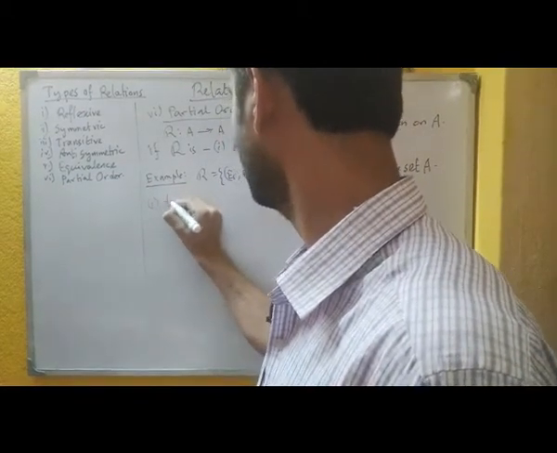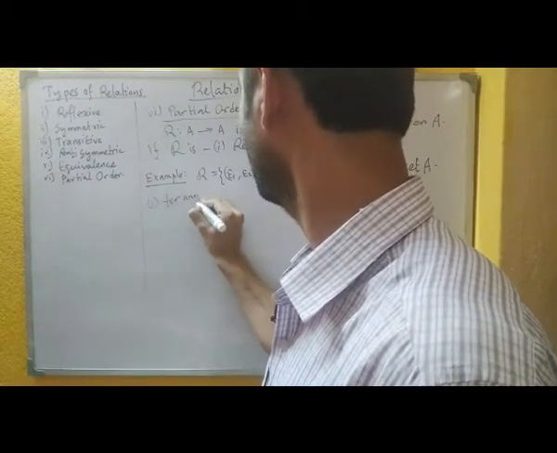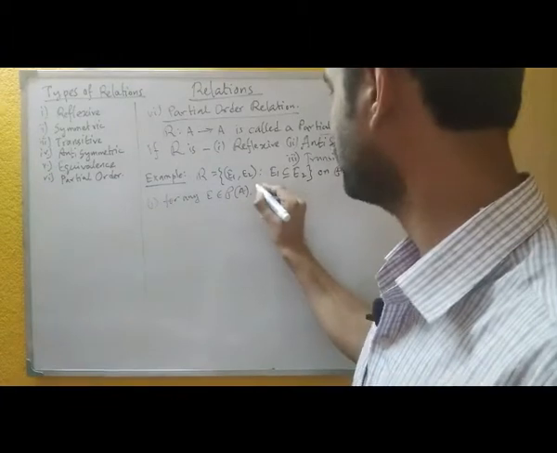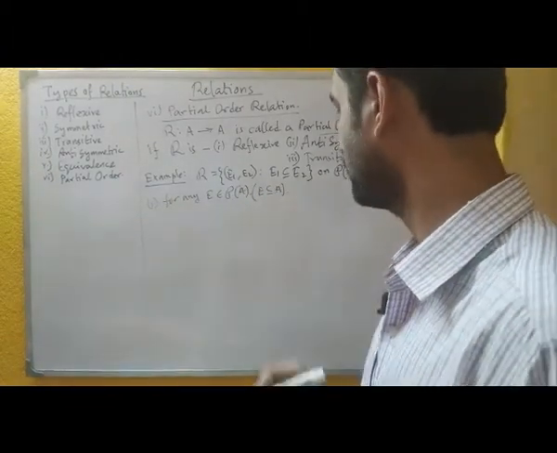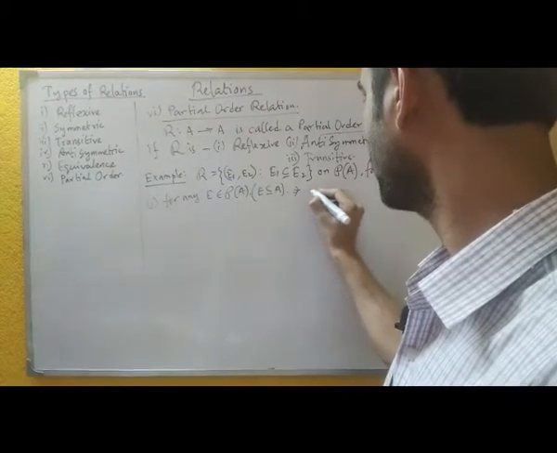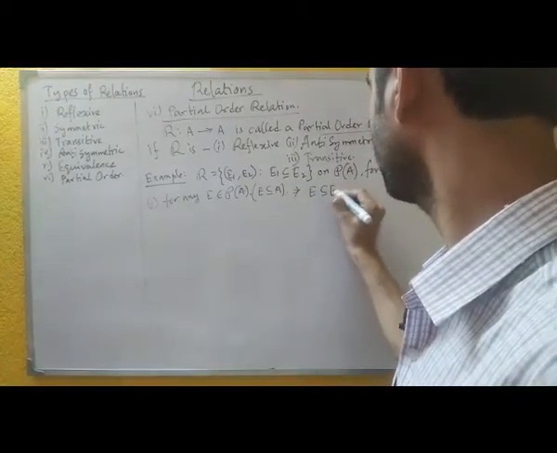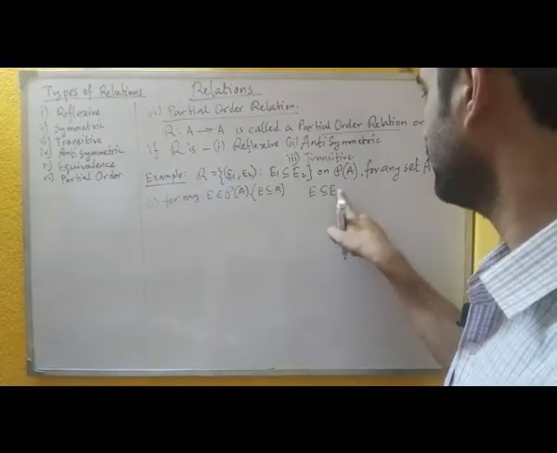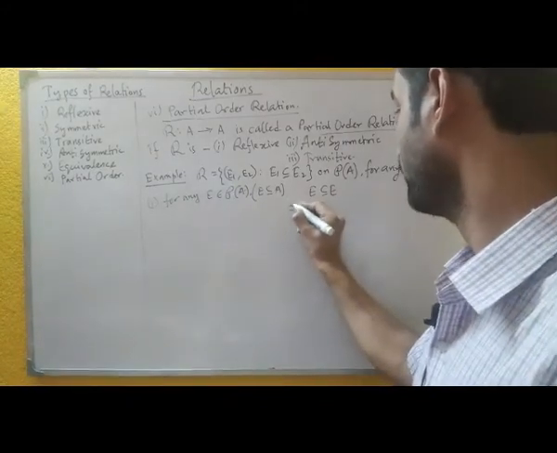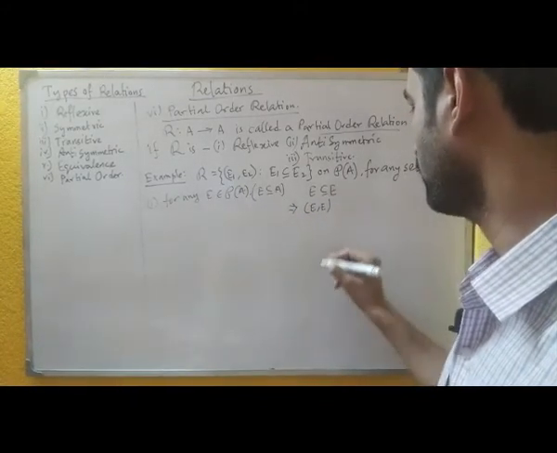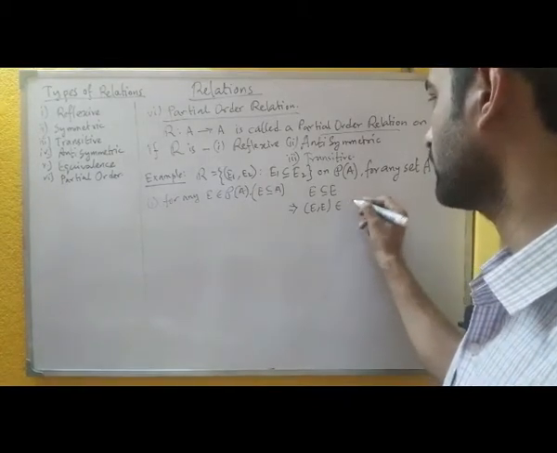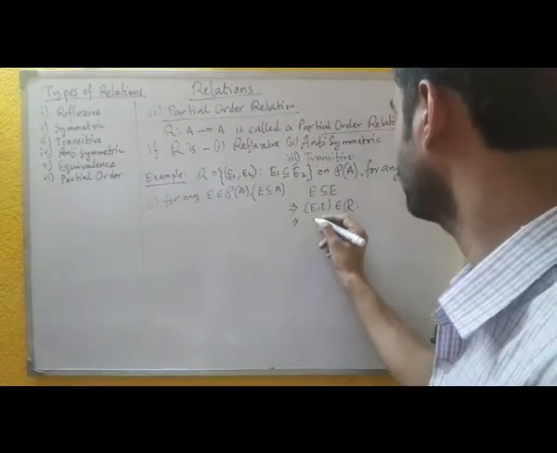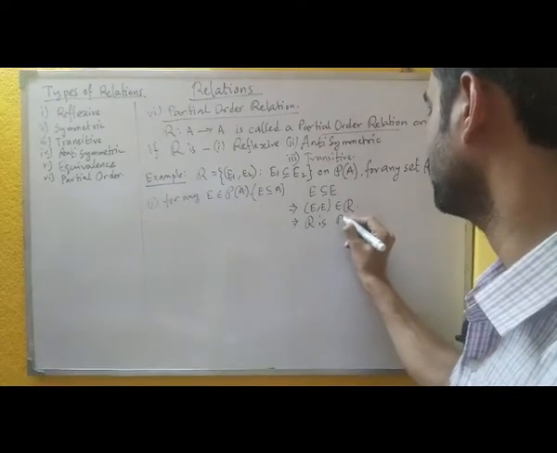For any E belonging to the power set of A, E is a subset of E. This holds trivially because E is a subset of itself. So the ordered pair (E, E) belongs to the relation R, and that means the relation R is reflexive.